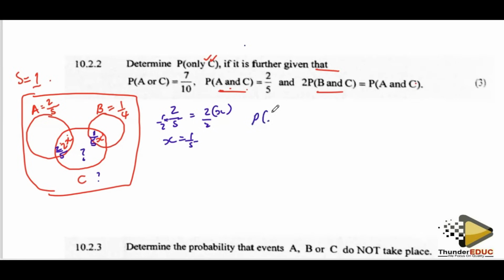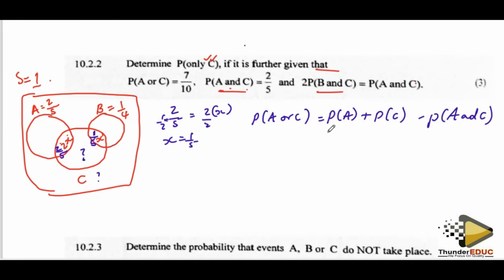And since I have the probability of A or C, it's going to help me. I have the probability of A, I have the probability of that. Okay. So it will be probability of A plus the probability of C minus the probability of A and C.